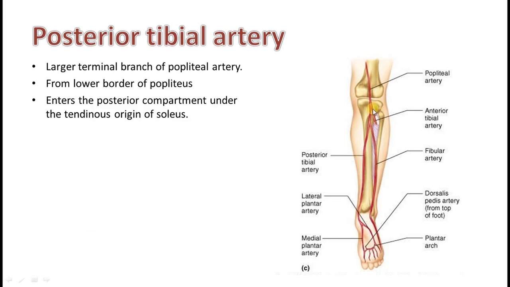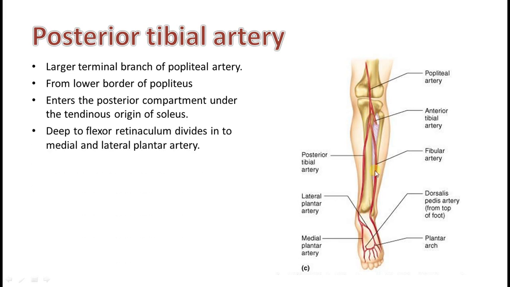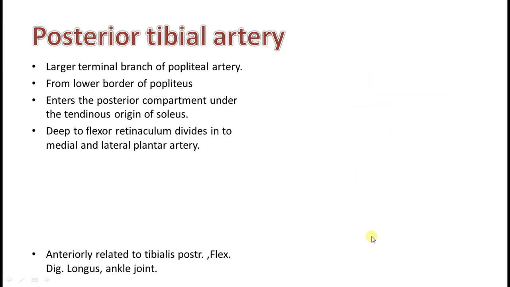From the lower border of the popliteus, the posterior tibial artery enters the posterior compartment between the soleus muscle and the flexor muscles, flexor digitorum longus and flexor hallucis longus. Then deep to the flexor retinaculum, it divides into the medial and lateral plantar arteries.